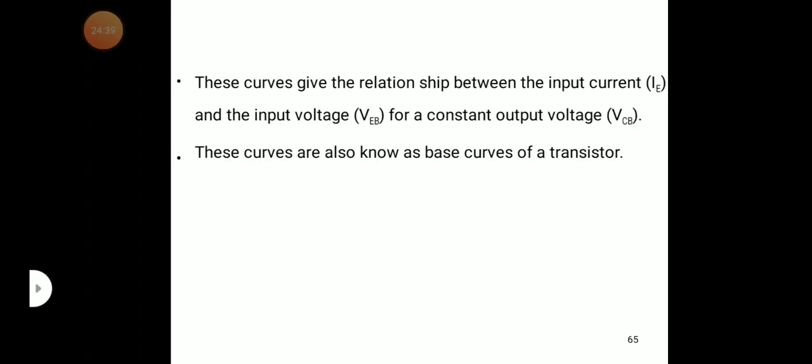The common base input characteristics curve gives the relation between the emitter current and the emitter to base voltage when the collector to base voltage is constant. These curves are also known as base curves for the transistor.